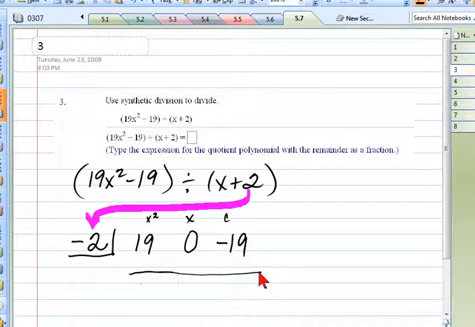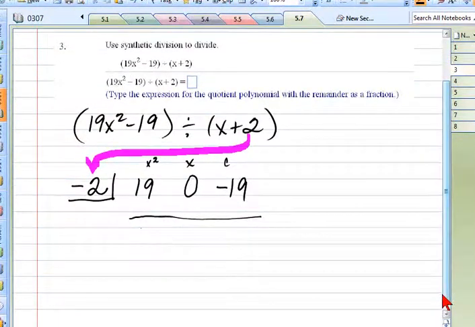All right, would you do the synthetic division? Y'all go ahead. You do it.